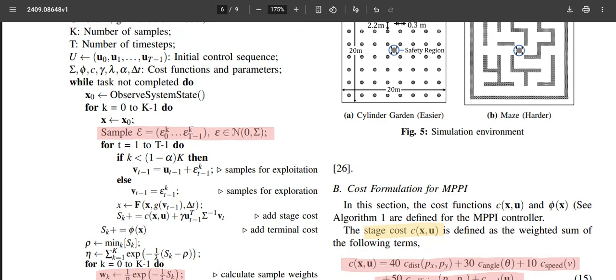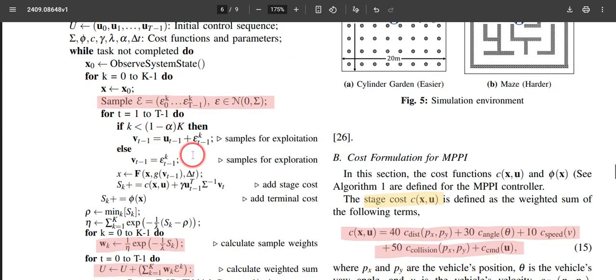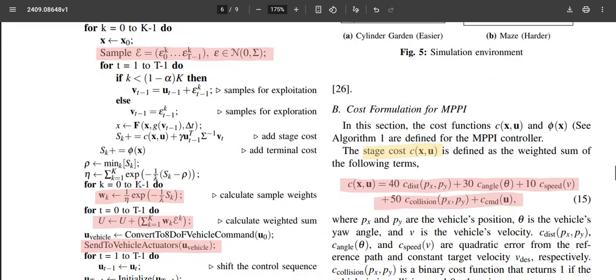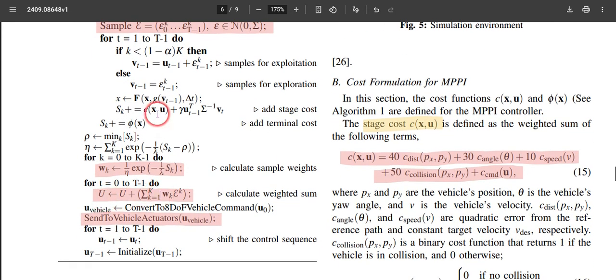While a certain criterion has not been satisfied, we'll iterate through all 20 samples and through all the time steps, and at each time step we'll compute the total cost, which will be accumulated. That accumulated total cost will be utilized for the weighting factor, and the weighting factor is used in the sampling, where the noise sampling is added to give a better input sequence.